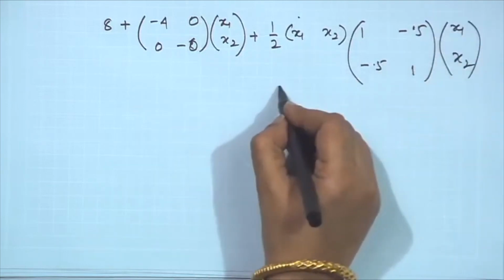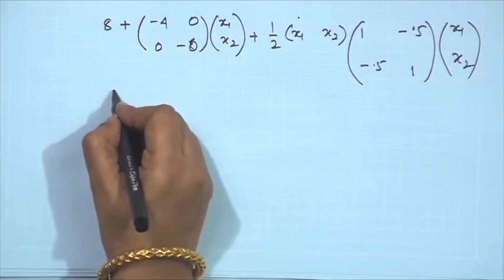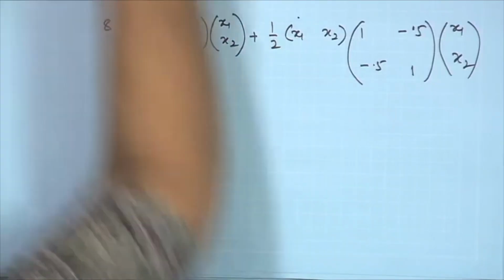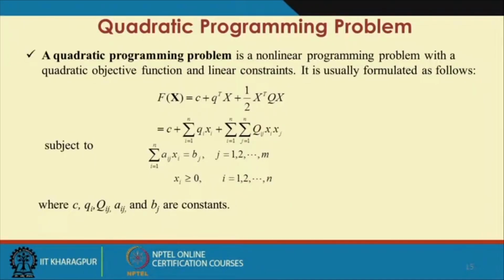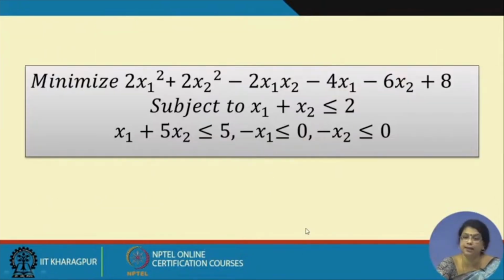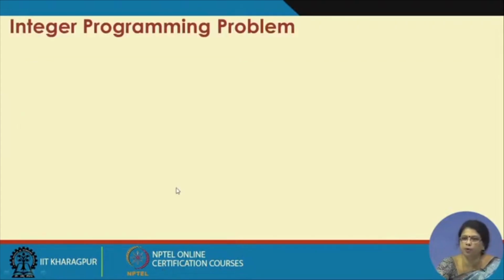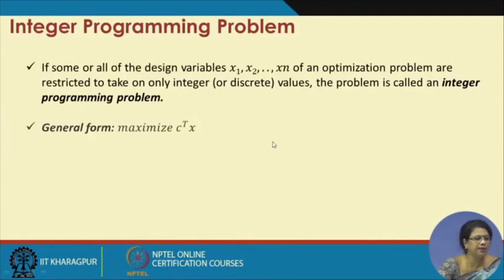See, this is a quadratic function. I can put it in the form, as I showed you in the previous slide, c plus q^T x plus half x^T Q x, but the constraint I have considered is linear. Now, this kind of model is handled by different methods, Wolfe's method, Beale's method; we handle the quadratic programming that way.